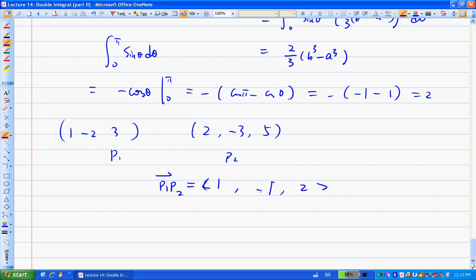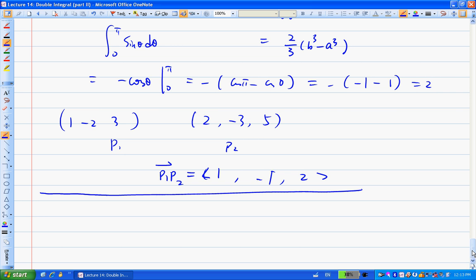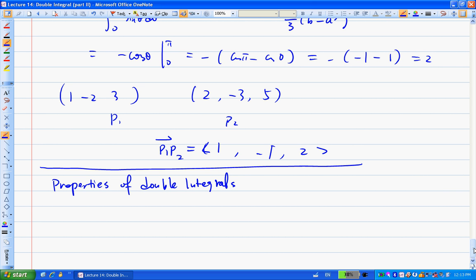We still have a little bit of time here, so let's quickly finish a couple of the properties. Some of the common properties of double integrals: some are very similar to the properties of single variable integrals.